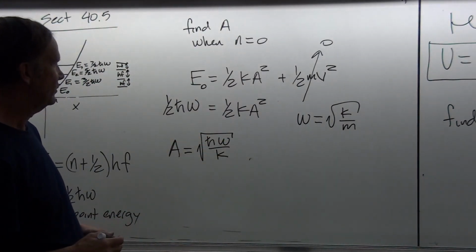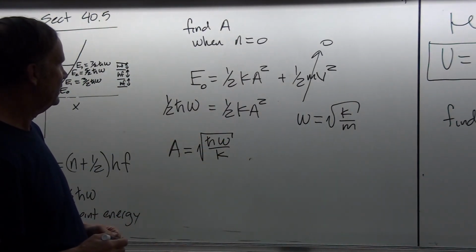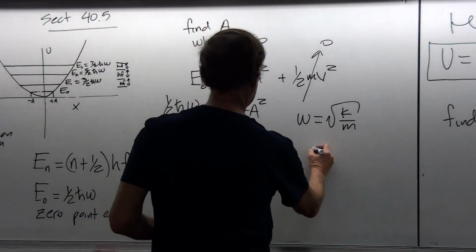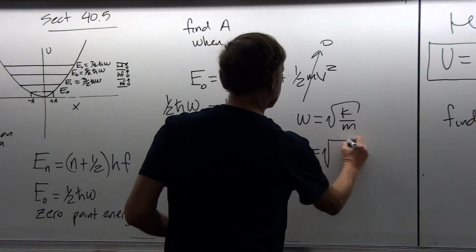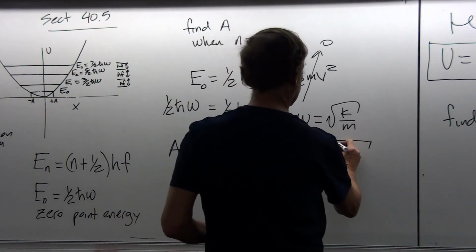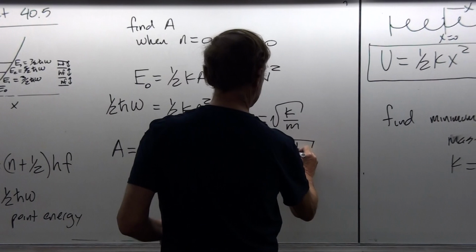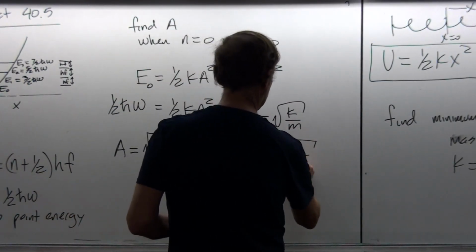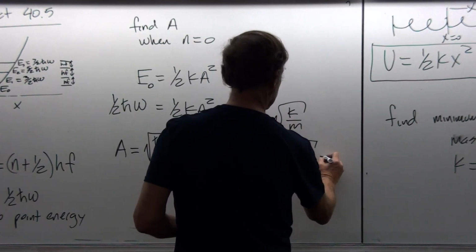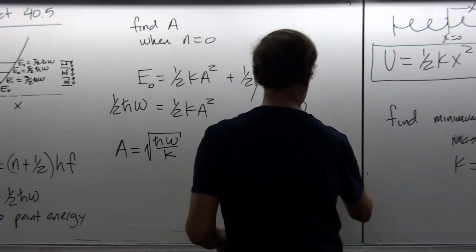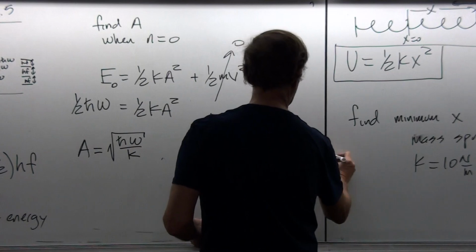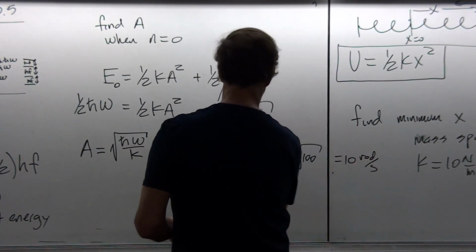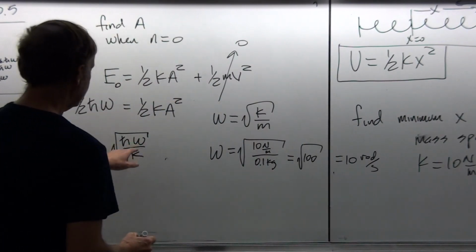And so what we can do then is we can plug that into this relationship, and that gives us omega is equal to the square root of 10 newtons per meter divided by m, which is 0.1 kilograms. So that gives us the square root of 100, which is equal to 10, and that would be in radians per second. So that's the value of omega that we can plug in.